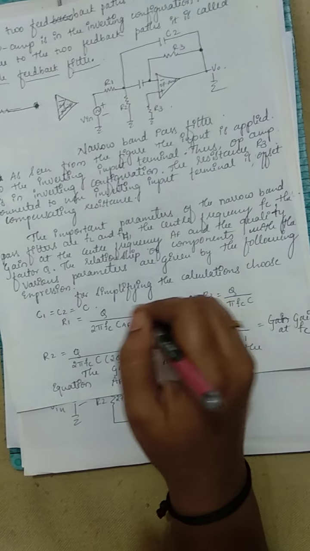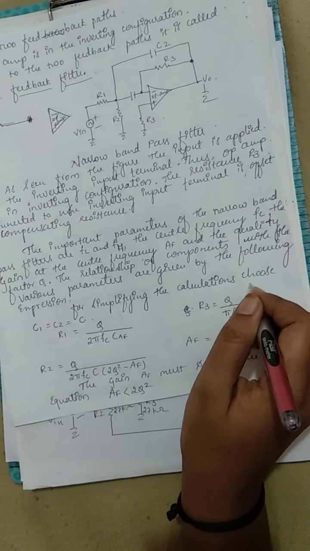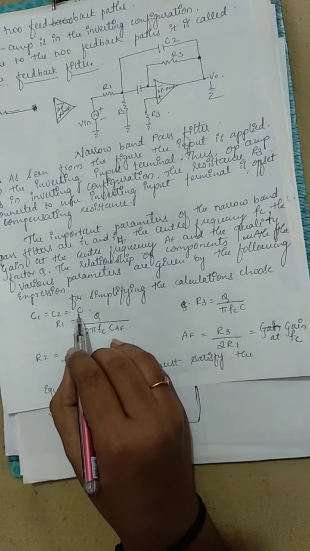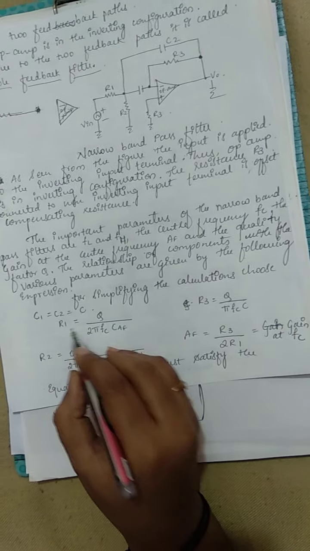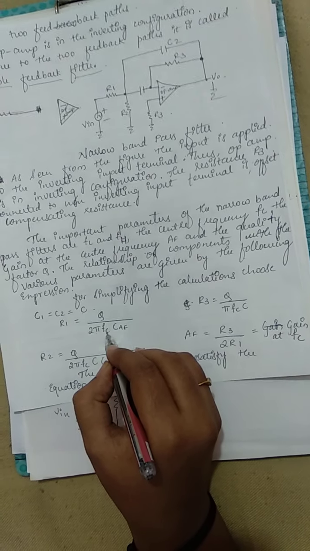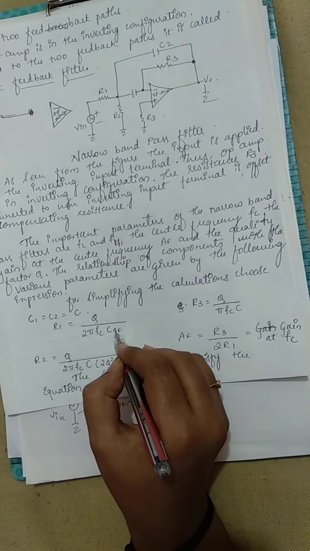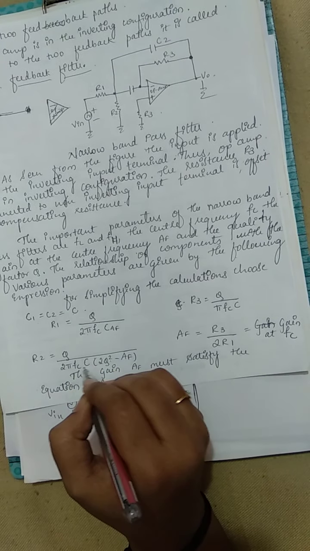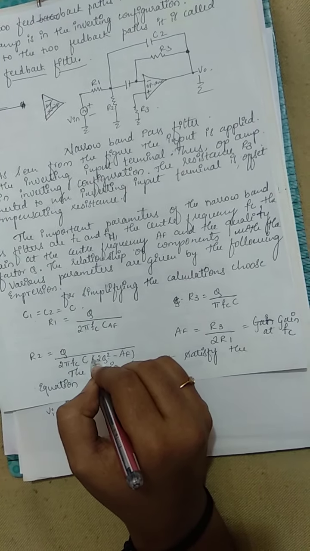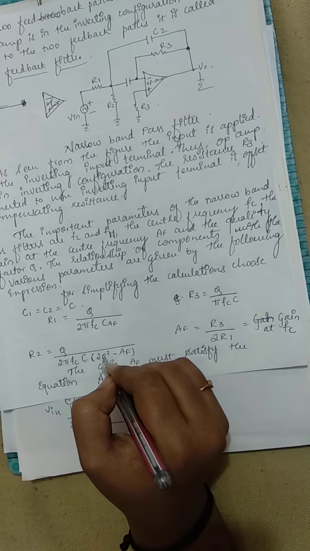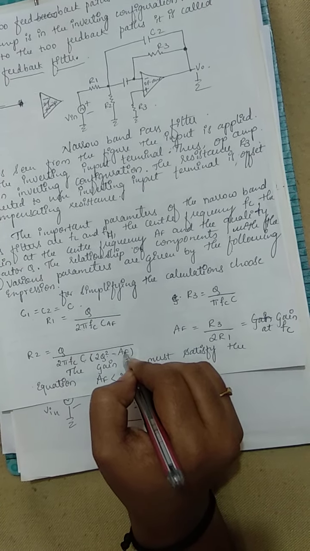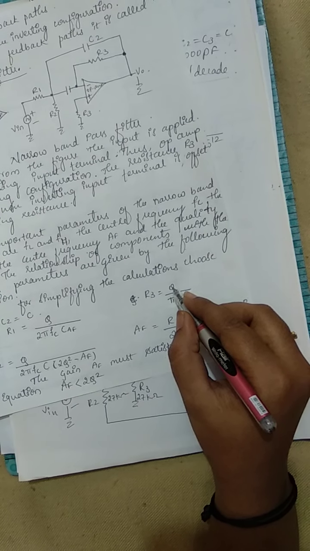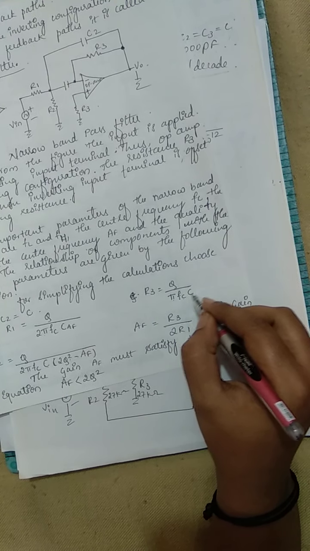For simplifying calculations, choose C1 equals C2 equals C. Then R1 is Q by (2 pi FC C AF), R2 is Q by (2 pi FC C (2Q square minus AF)), and R3 is Q by (pi FC C).